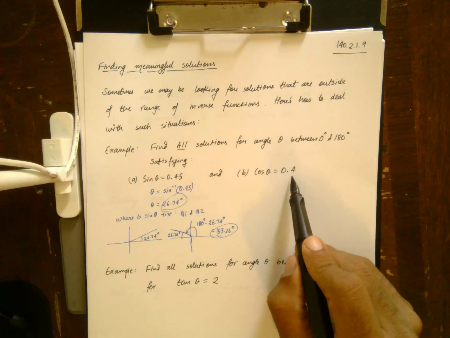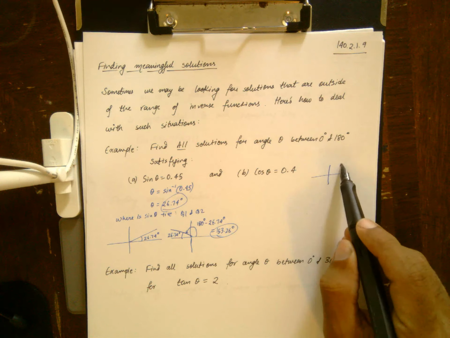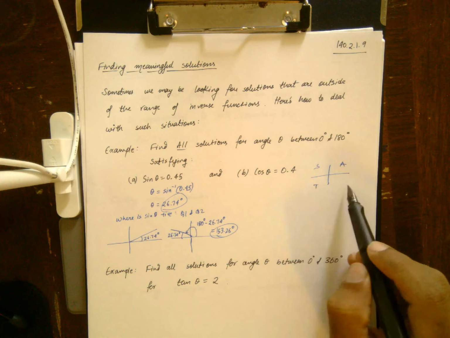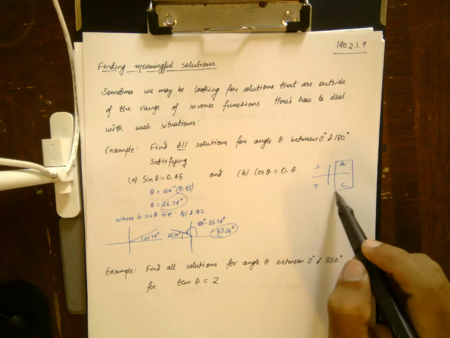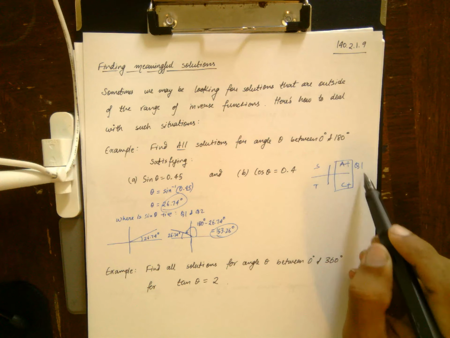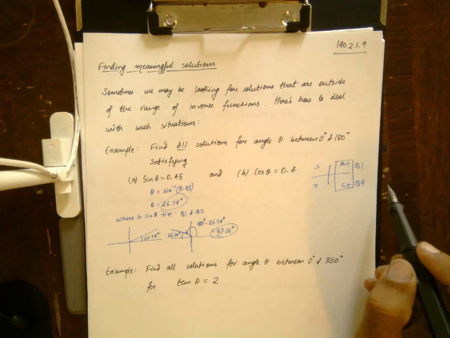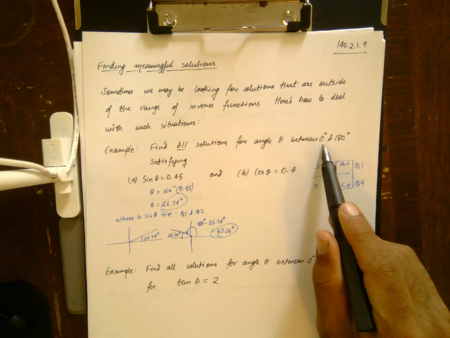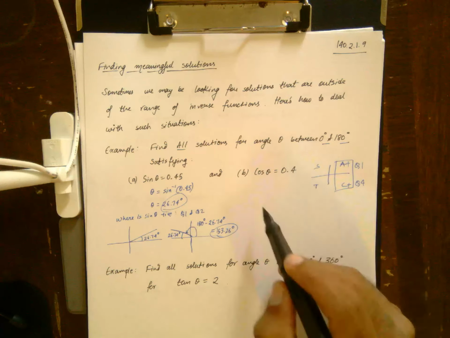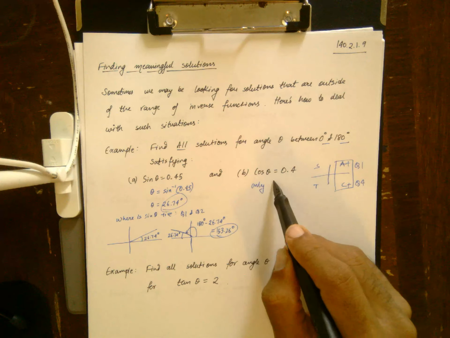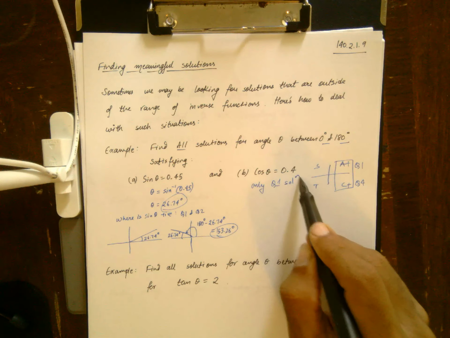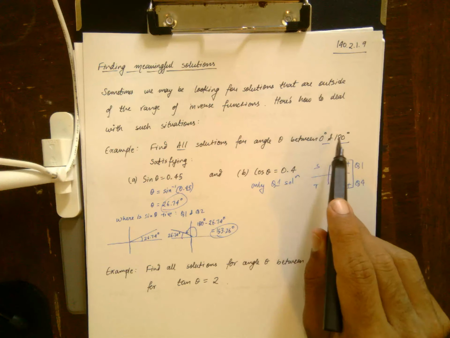Cosine theta is 0.4. Now remember, ASTC, cosine is positive only in quadrant 1 and quadrant 4. But you are finding solutions in quadrant 1 and 2, which means only quadrant 1 solution, because quadrant 4 is not between 0 and 180 degrees.